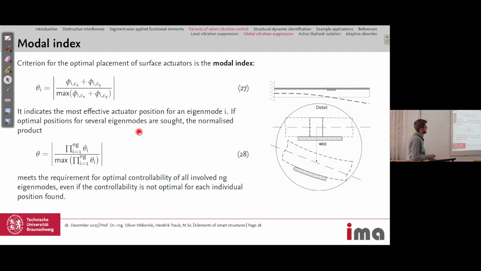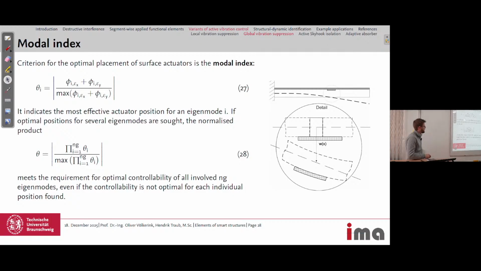And if we want to have a look at several eigenmodes with several actuators, then we can simply use the product, because in real structures we are not able to place all actuators in the optimal positions.